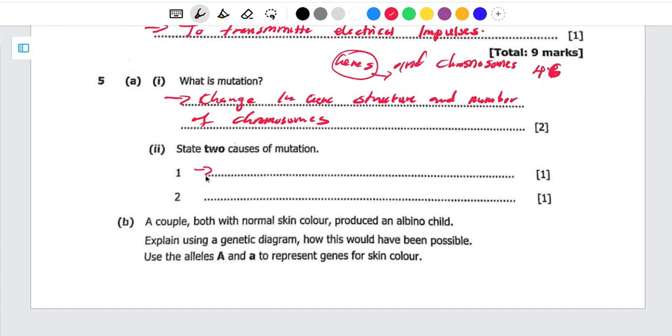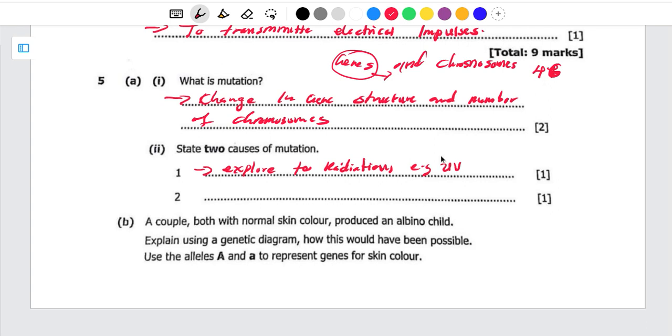So mutation can be caused due to exposure to radiation. So you can talk of exposure to radiations. These radiations can be, for example, you can talk of the UV, which is the ultraviolet. You can also talk of radioactive elements like uranium.